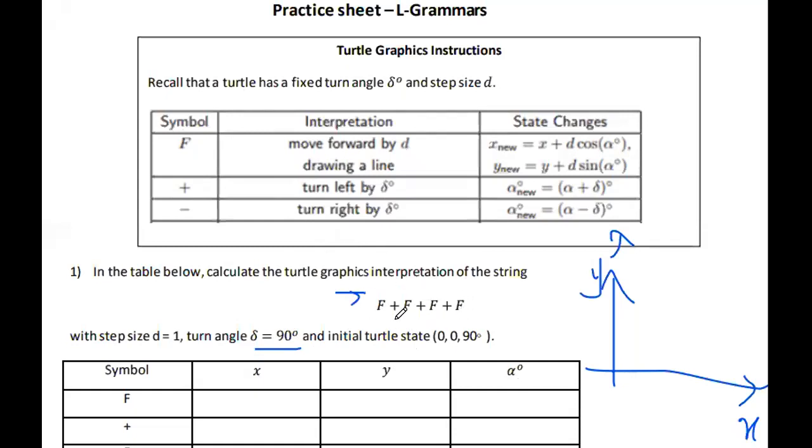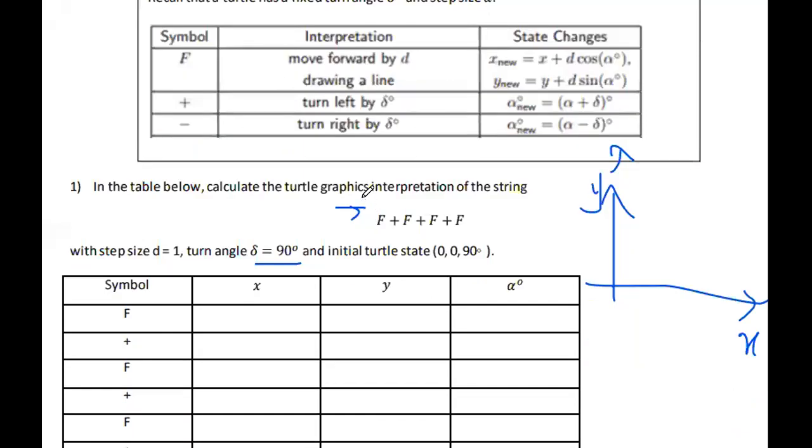Let's try to visualize this. For that, you have to find the coordinates. The initial state of the turtle is here and it is facing the upward direction. Let's read this word. The first character is F: move forward by D, which is 1 centimeter.